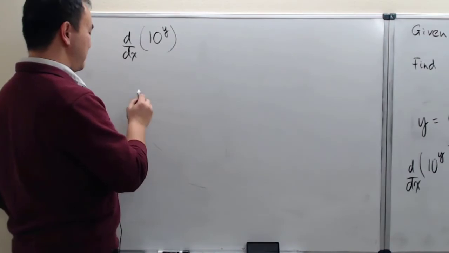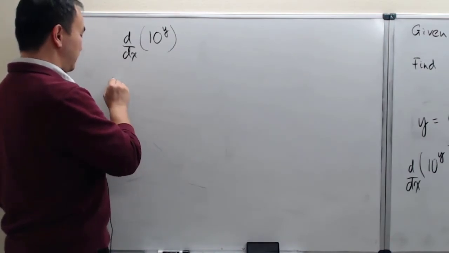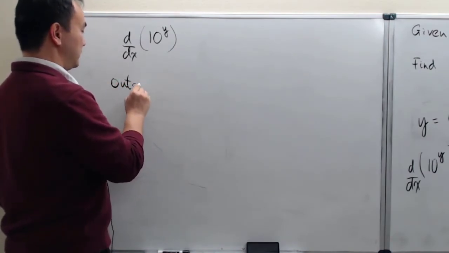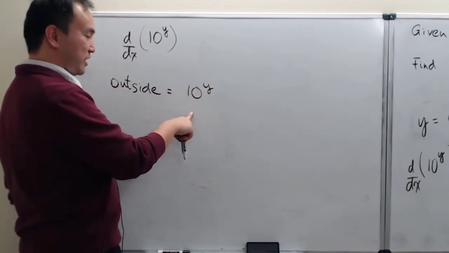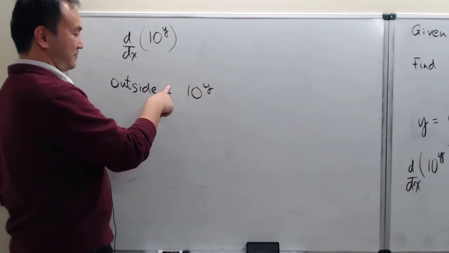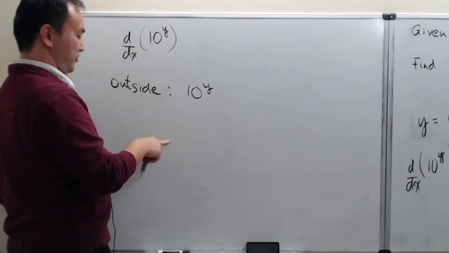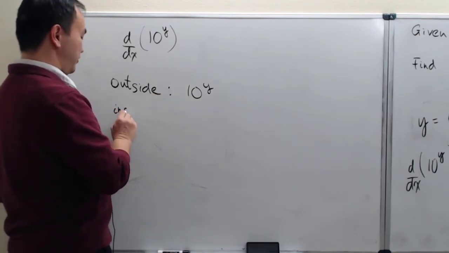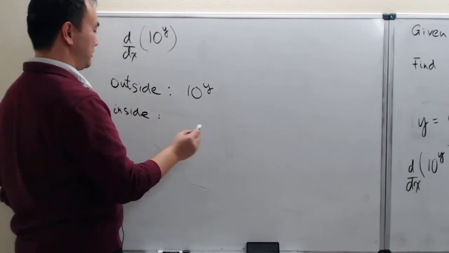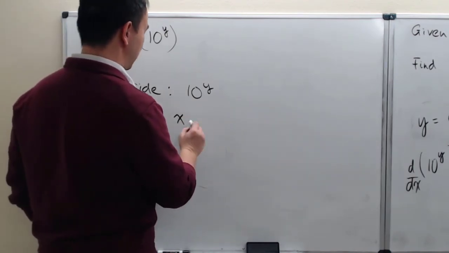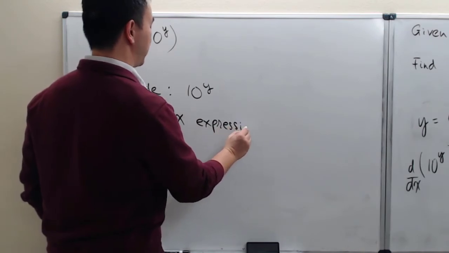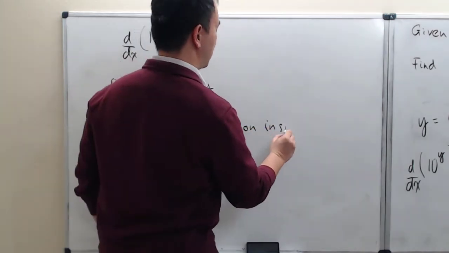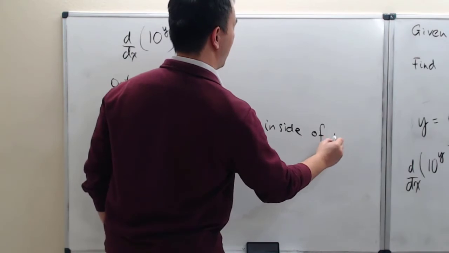And so the one we're seeing right now, 10 to the y, is only the outside function. This is the outside function, and then the inside is whichever x expression is inside of the y variable.